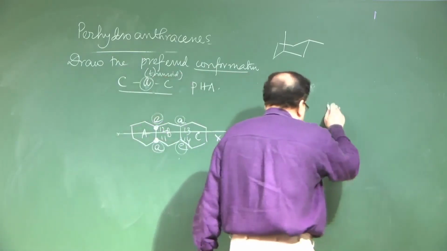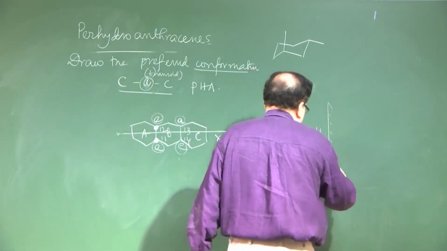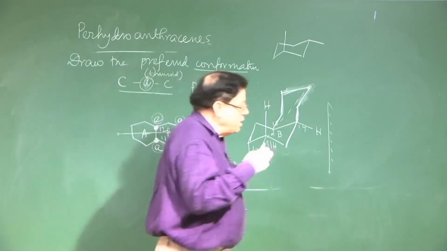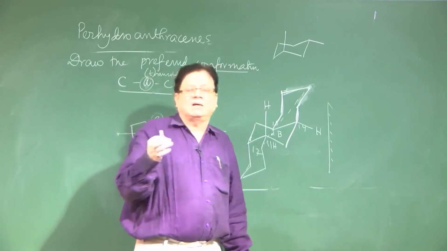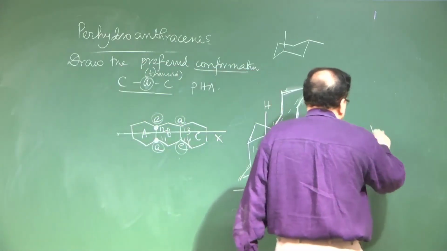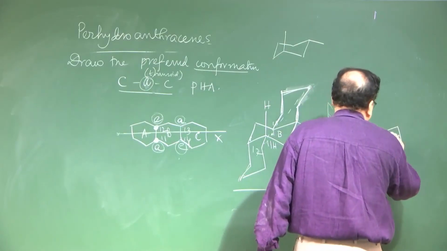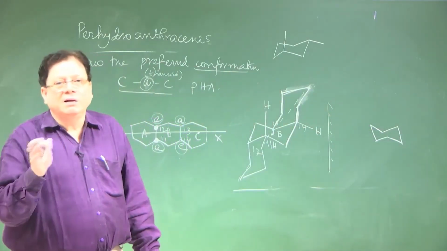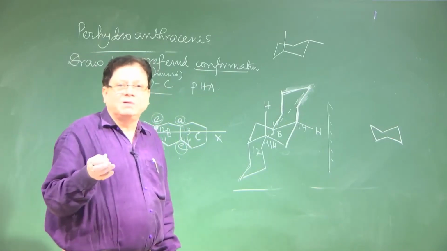Even if you have overlooked the presence of i, or you are adopting the very basic premise that I will draw the mirror image and try to see whether they are superimposable or not, that is the ab initio approach to find out the superimposability or optical activity of a molecule.